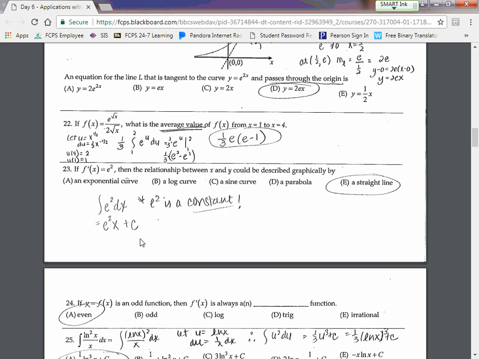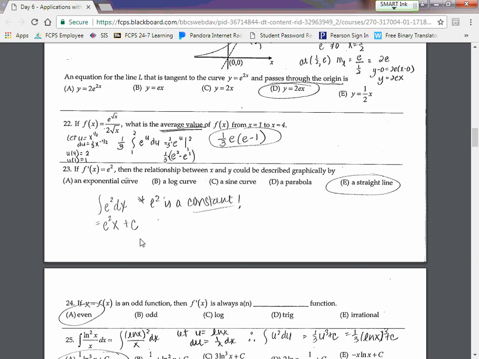Alright, we'll just do it off a second. So again, I'm going from 1 to 4 of my function, which is e to the square root of x over 2 root x dx, 1 over 4 minus 1. Which is why we have that 1/3 times our integral.